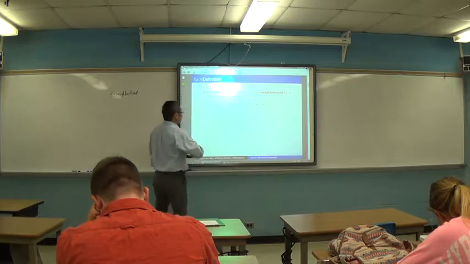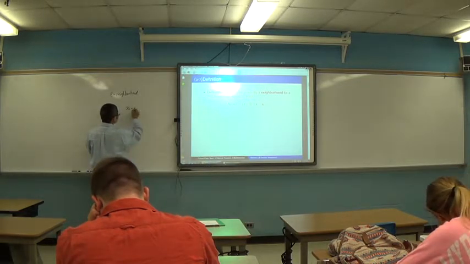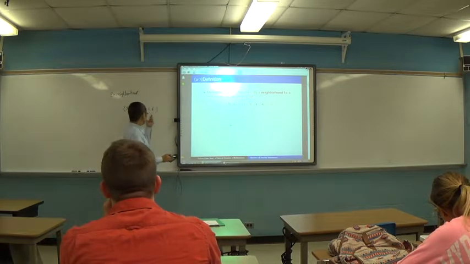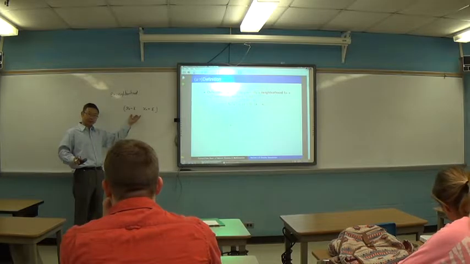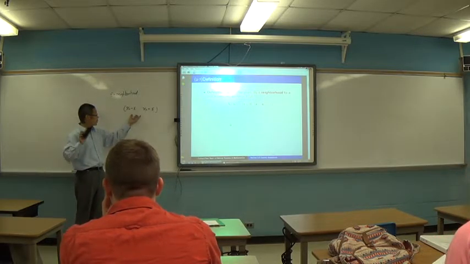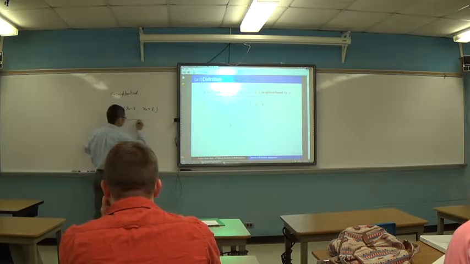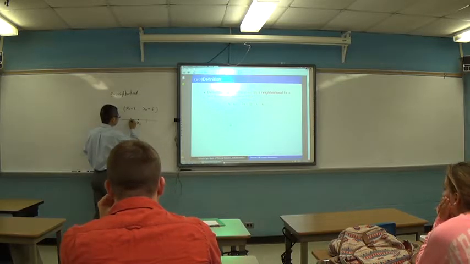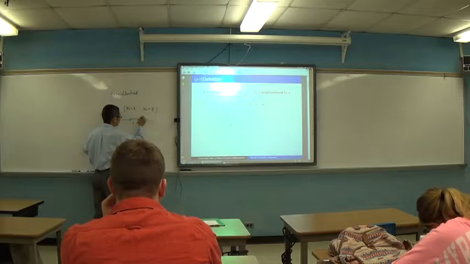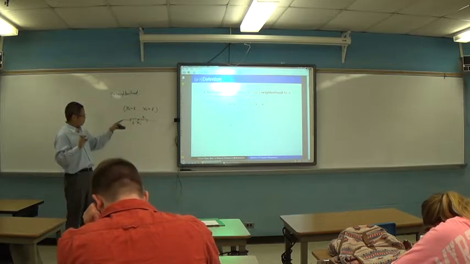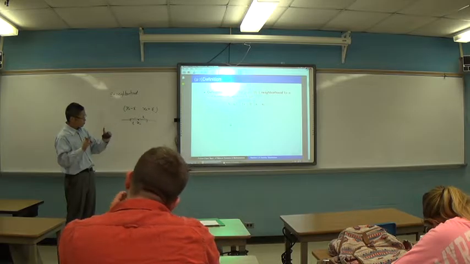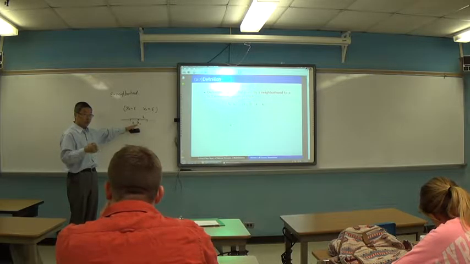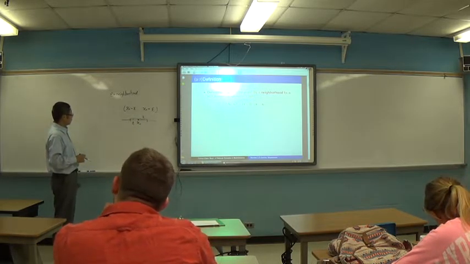This interval means x0 minus epsilon to x0 plus epsilon. Can you see it? This set is this open interval, centered at x0 with radius epsilon.